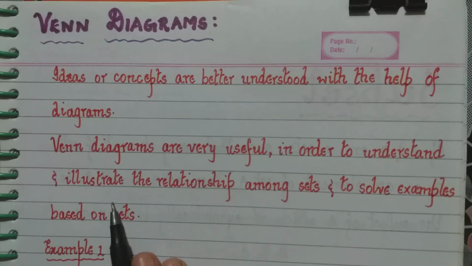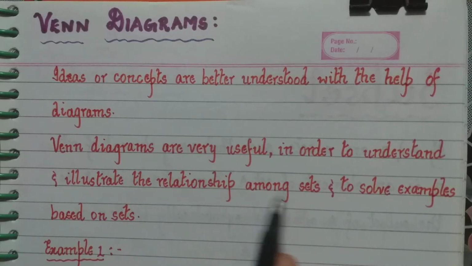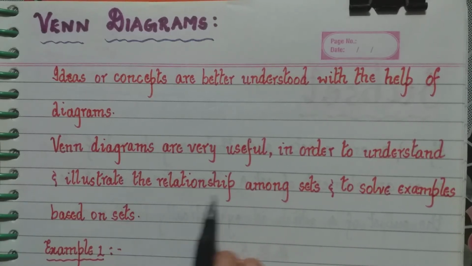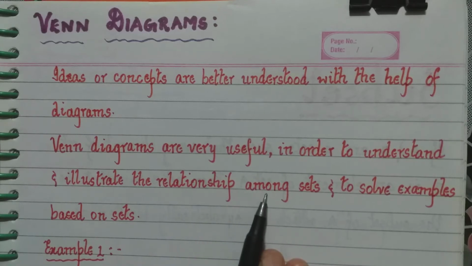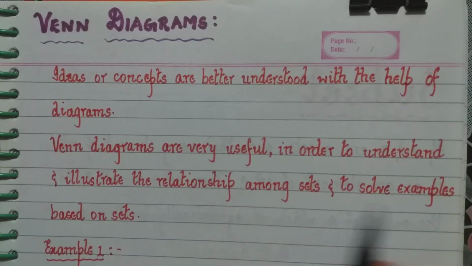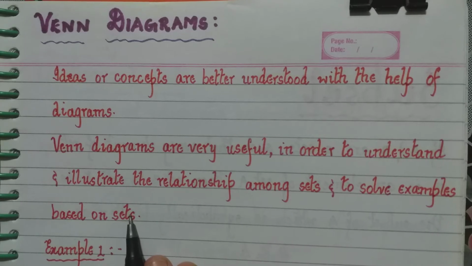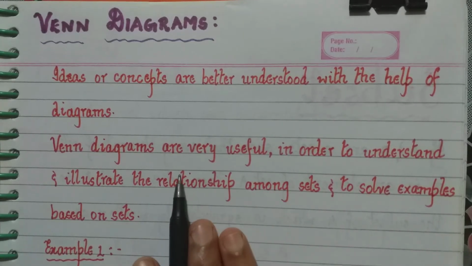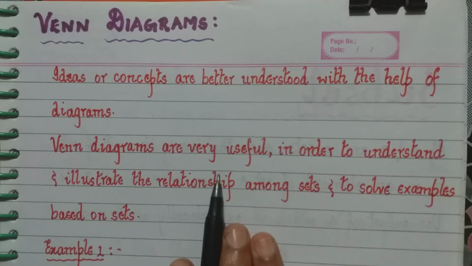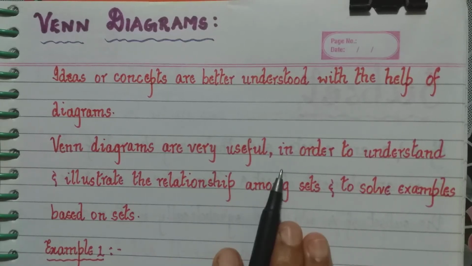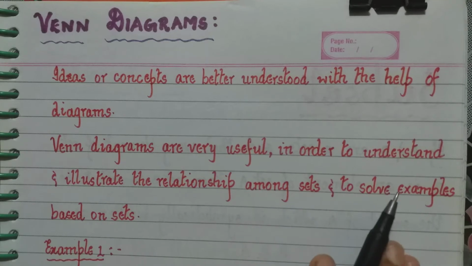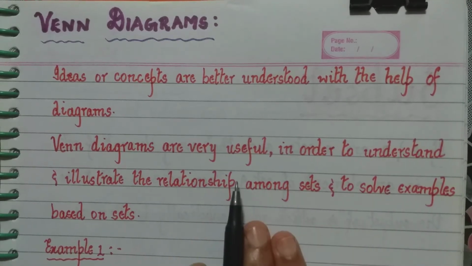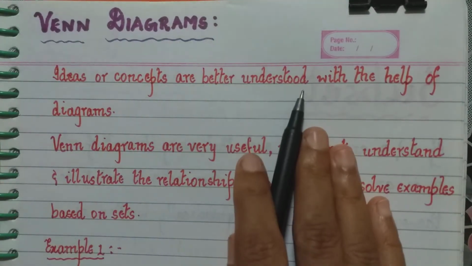What is the meaning of illustrate the relationship among sets? That is to give examples for a relationship between different sets and to solve examples based on sets. So for better understanding, to establish a relationship between different sets, and also to solve examples on sets, Venn diagrams are used.